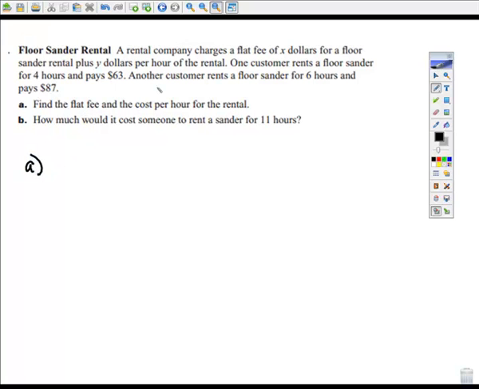So part A, the flat fee we'll just call x, and it's y dollars per hour. The first person does it 4 hours, and then they pay $63. The second person pays the same flat fee. They rent it for 6 hours and pay a total of $87.